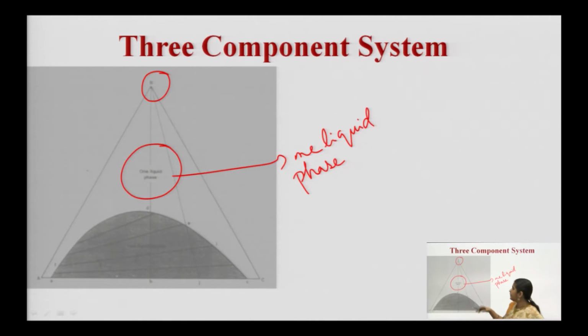Similarly, at a particular concentration of this B or third component, these 2 immiscible liquids will exist in one phase, on the condition that B should be miscible with A as well as with C. Now, we will begin with an example.